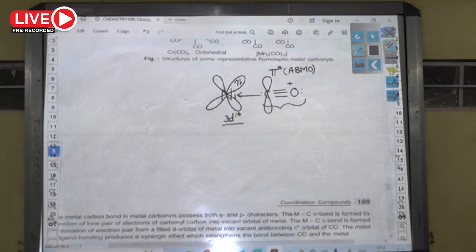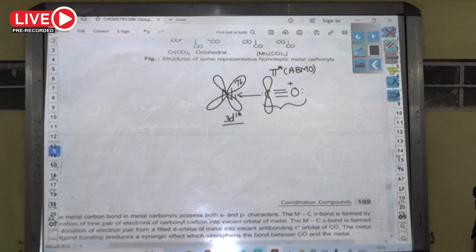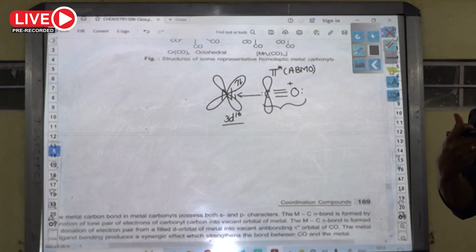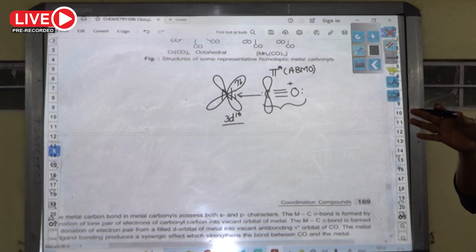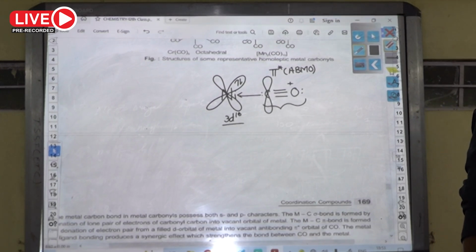As per VBT, the metal atom or ion will always provide vacant orbitals for bonding. The vacant orbitals mix with each other and form vacant hybrid orbitals. So in nickel carbonyl, nickel is sp3 hybridized. These vacant hybrid orbitals receive an electron pair from the ligand, and a coordinate covalent bond or dative bond is formed. Up to that, fine.